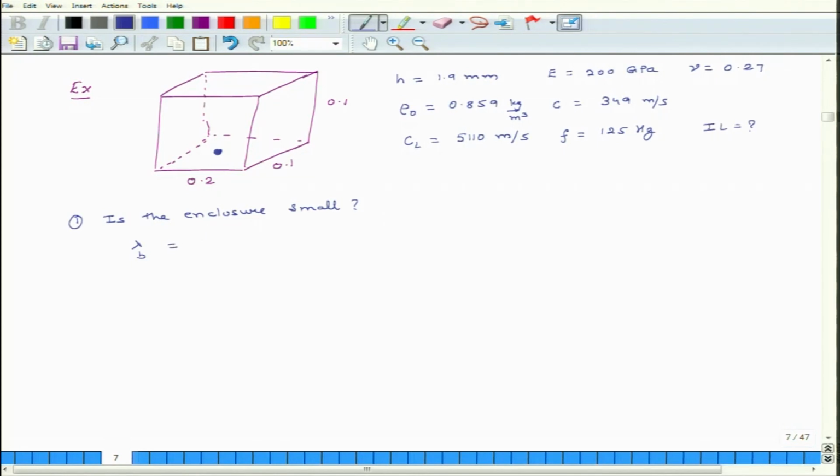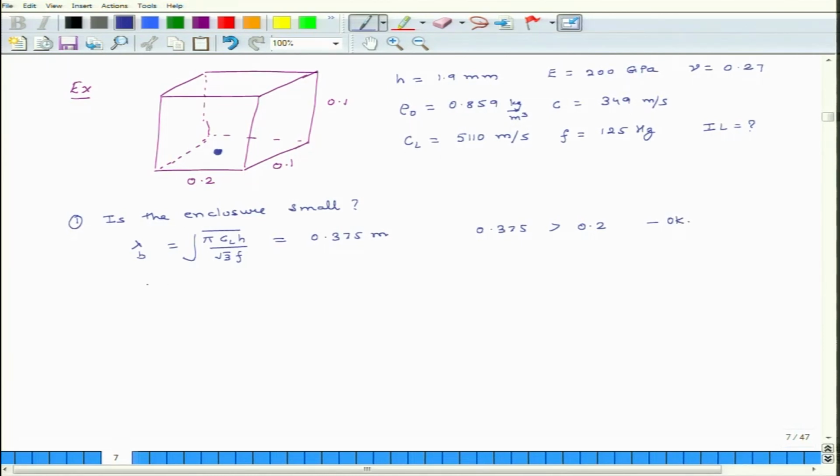So, bending wavelength is pi CL H divided by root 3 F, and we have all these values here. So, this comes to be 0.375 meters, and the largest dimension of the enclosure is 0.2. So, 0.375 is more than 0.2. So, first condition is okay for small enclosures.